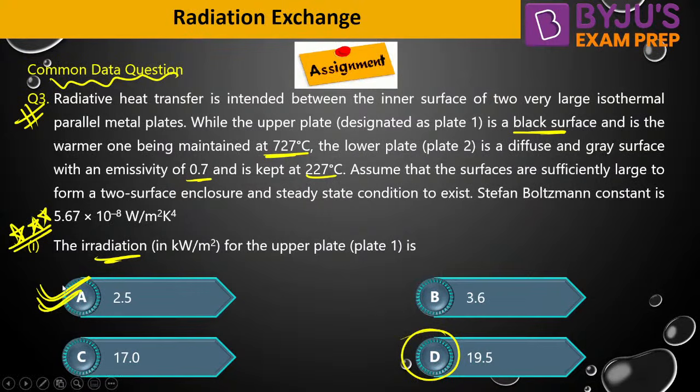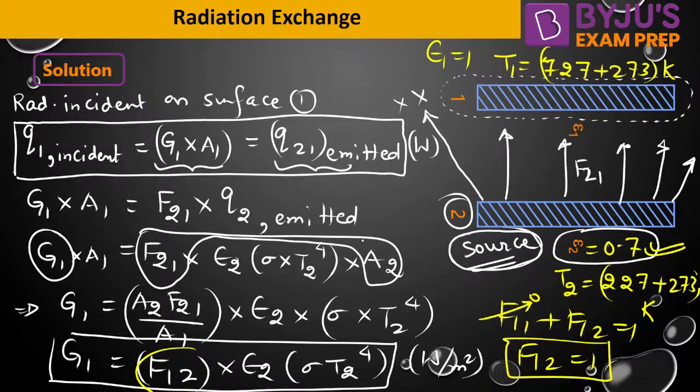What students have done is, they have considered the radiation emitted by surface 1, which reaches 2 and is reflected back to surface 1. Students have considered this radiation also. That will not be part of the irradiation for surface 1.